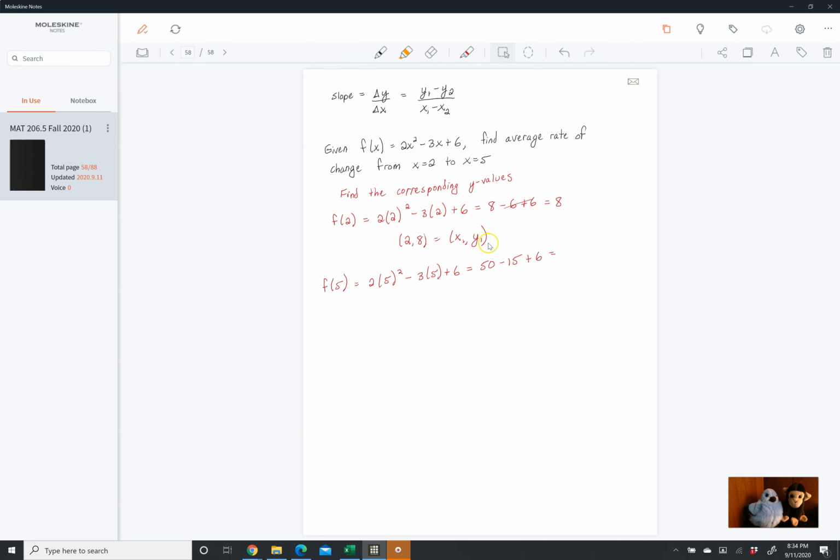Okay, 50 minus 15 is 35, plus 6 is 41. So this gives us our second point. Here's the x, here's the y. We did this with piecewise. It's just that here we don't have to figure out what function. There's only one of them. Okay, so our second point is (5, 41). And this is our x2, y2.